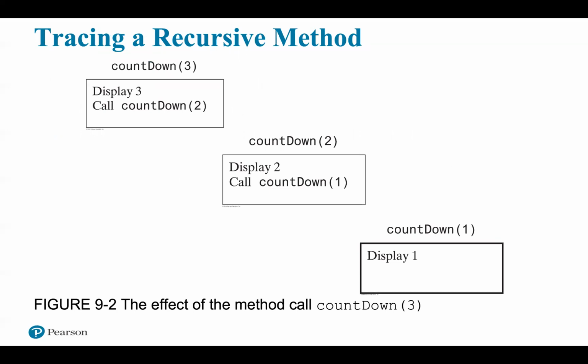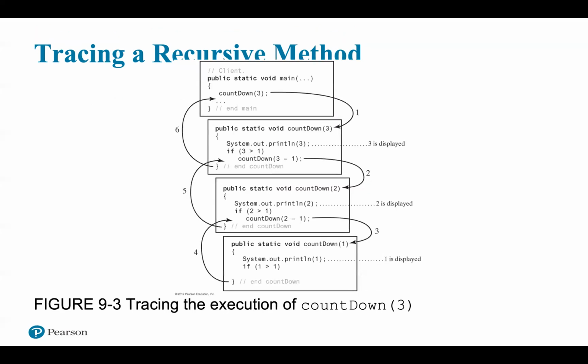The argument 3 is copied into the parameter integer, and the statements are executed. A line containing 3 is displayed, and the recursive call countdown(2) occurs, as you see in the middle of the figure. Execution of the call to countdown(3) is suspended until the result of countdown(2) is known. And so it goes on and on.